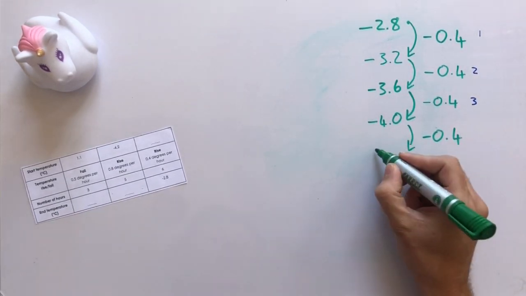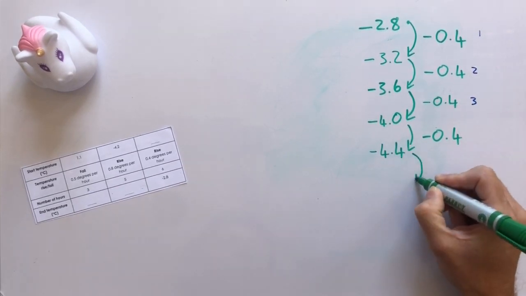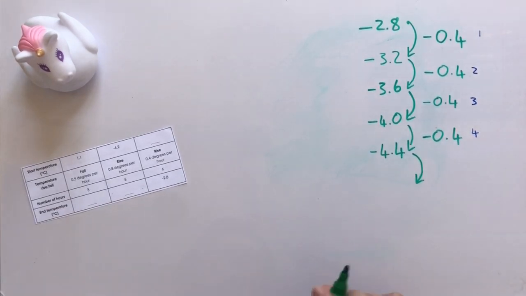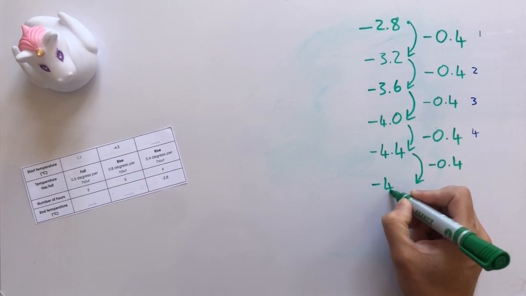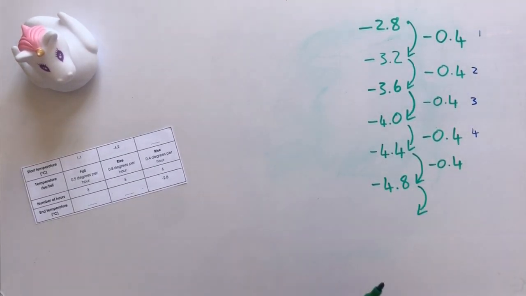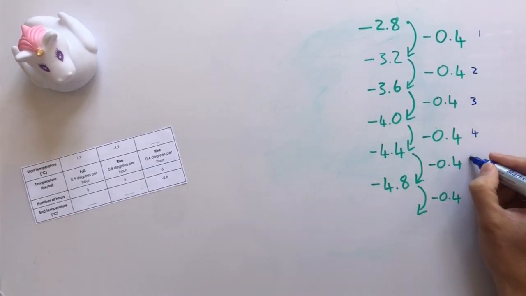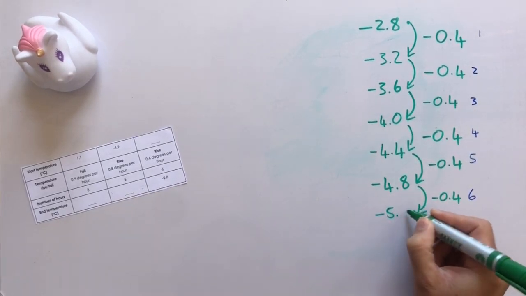So that would be 4.4. That was the fourth one. So we're busy with the fifth one again. So negative 4.8. And then for the last one, let's say that's 5 and that's 6. Then we have negative 5.2.